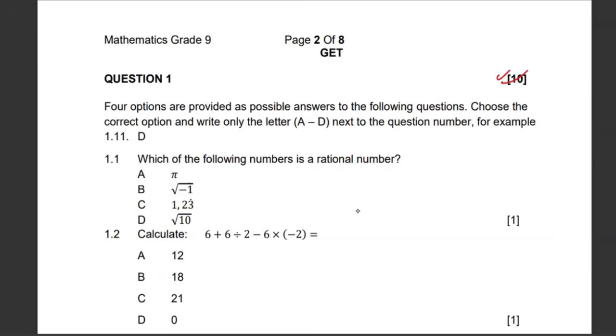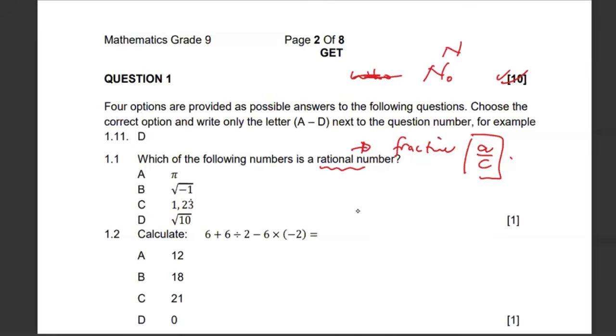Which of the following numbers is a rational number? One thing we know about rational numbers is that these are numbers that can be written as fractions, as a over b, meaning that all whole numbers, all natural numbers, all integers form what we call the rational numbers.